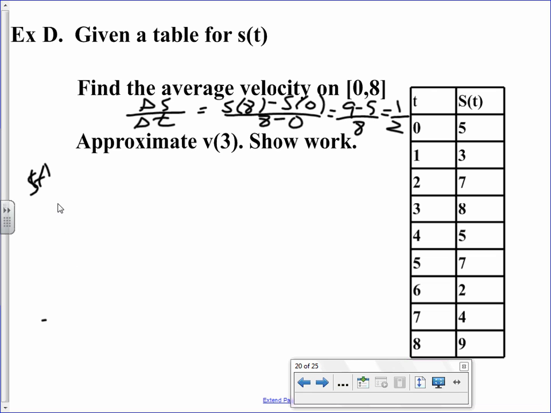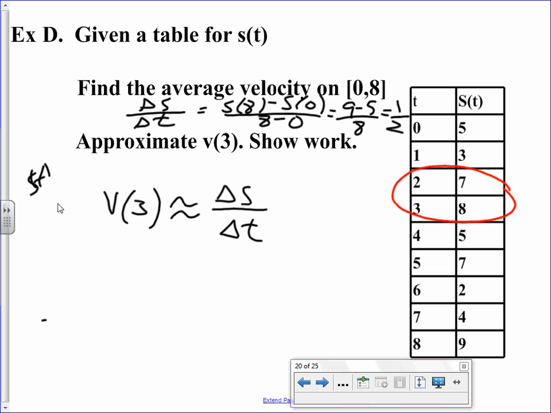So we really want the velocity at time 3, but we're going to approximate it by taking the change in position over change in time. And since I want to approximate the velocity at time 3, I want to be as close to time 3 as possible.